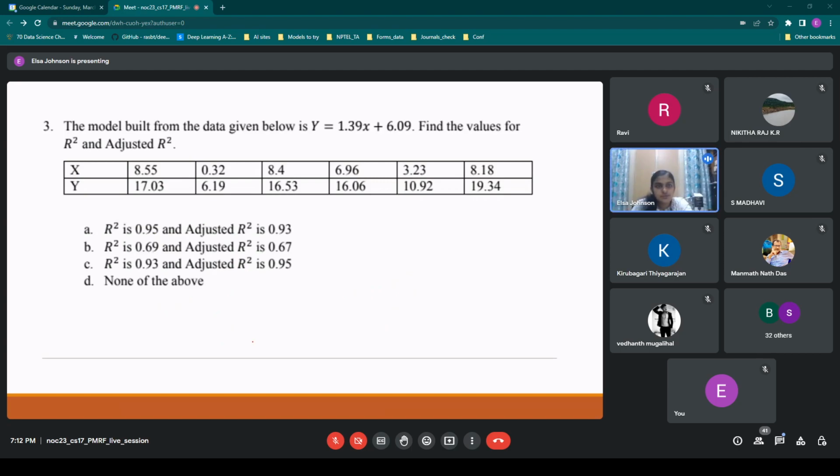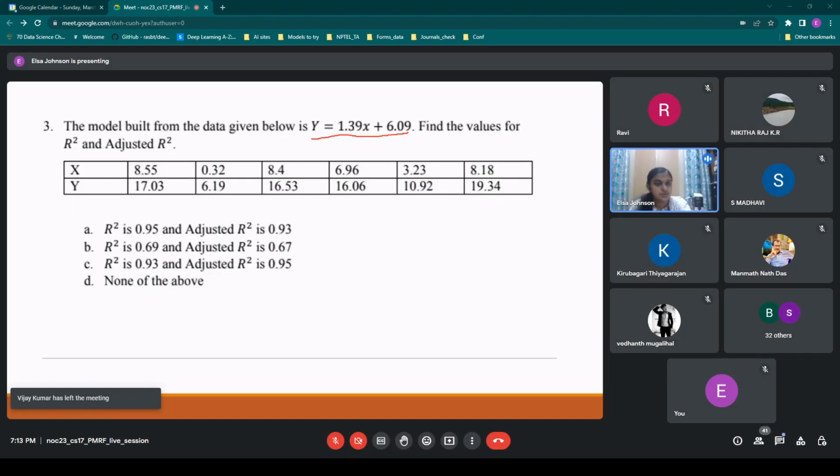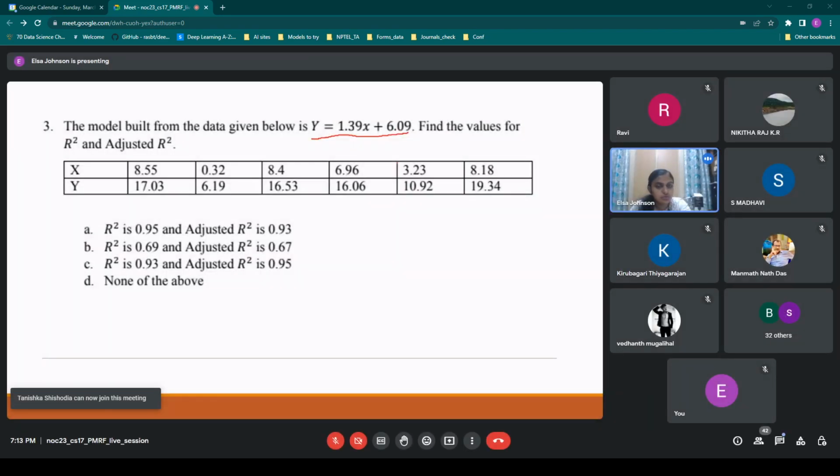Okay, so the model built from the data given below, is this the third question which was given there? A model was given like this. Find the values of r square and adjusted r square. This r square is a parameter you can check to find out how good or bad the model is.